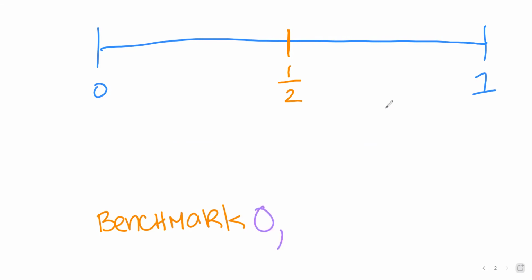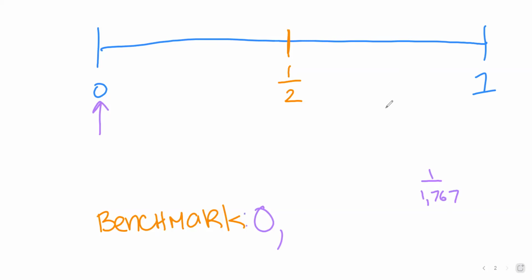We have 0. 0 is a benchmark, and that could be something like 1 out of 1,767. Well, that's pretty darn close to 0, right? It's definitely not close to 1/2. It's definitely not close to a whole. So in some cases, 0 might be a benchmark, which in a sense isn't really a fraction.